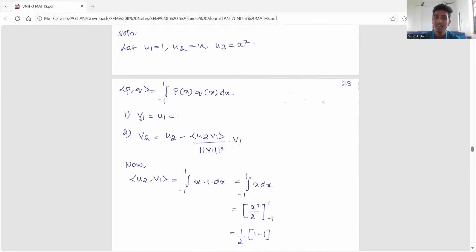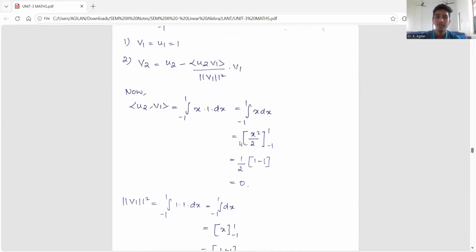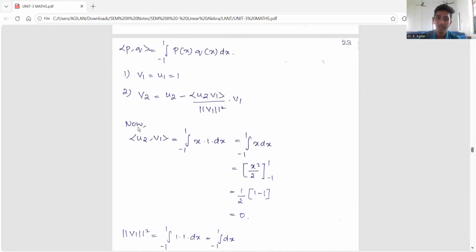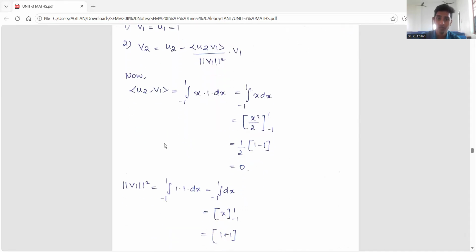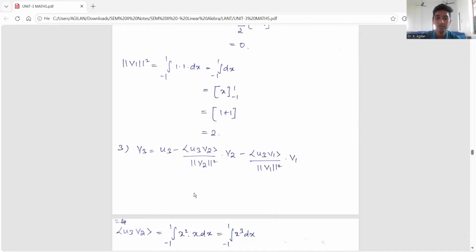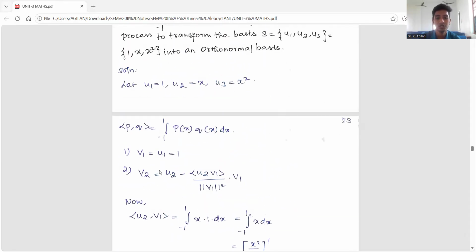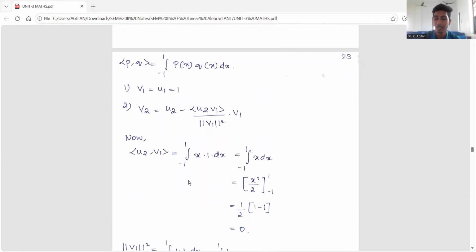So first, v1 is nothing but u1, which equals 1. v2 is nothing but u2 minus the inner product of u2 comma v1 divided by the norm of v1 squared, times v1. Now we can find the inner product of u2 comma v1, and also the norm of v1 squared, and then we substitute these values into this term to find the v2 value.